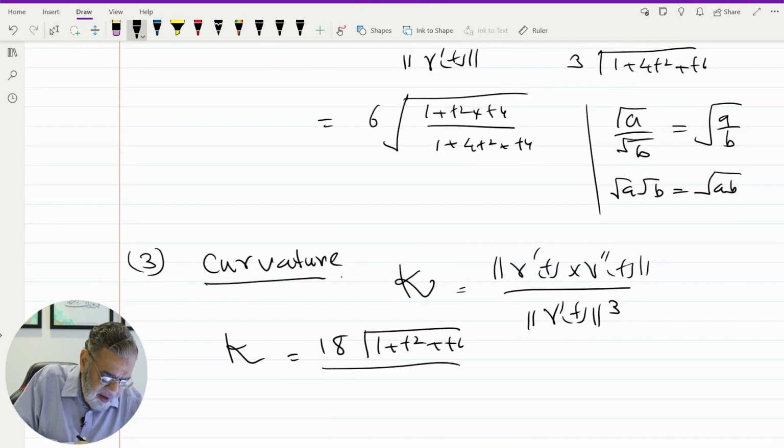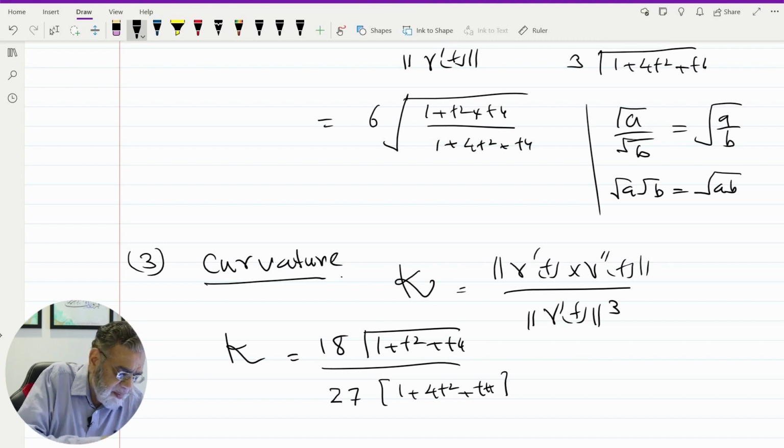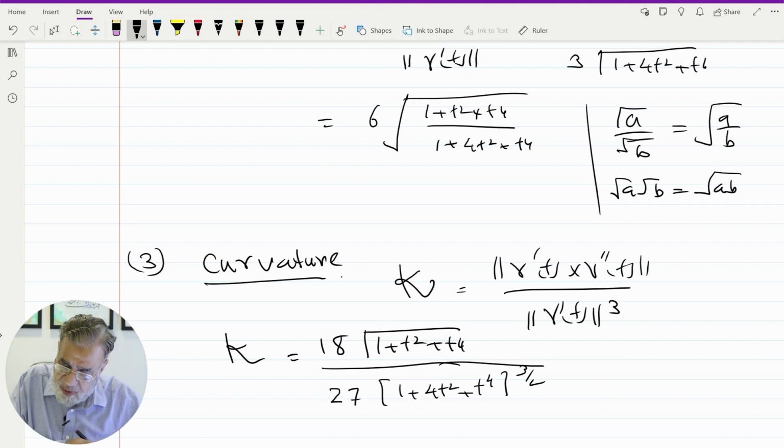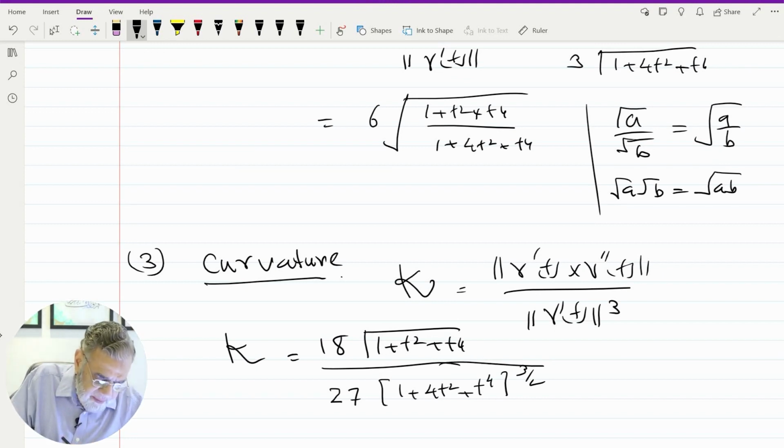Cube of 3 is 27, 3 into 3 into 3, and we get 1 plus 4t square plus t to power 4 under the root, which when cubed becomes power 3 by 2. Now simplify this one, these are cancelled and simplified, so we get 2 by 3.